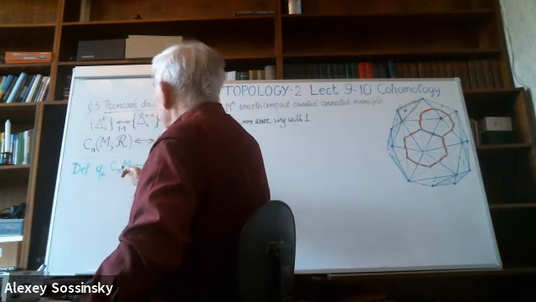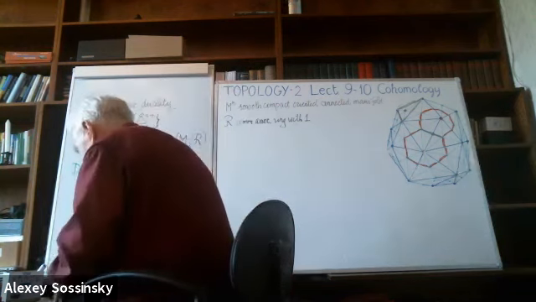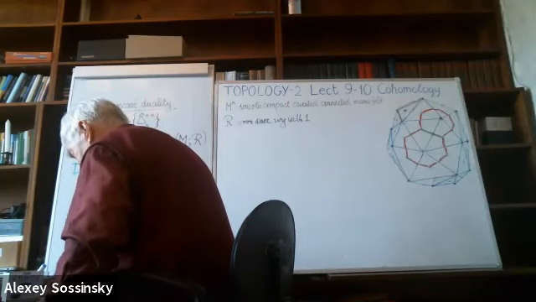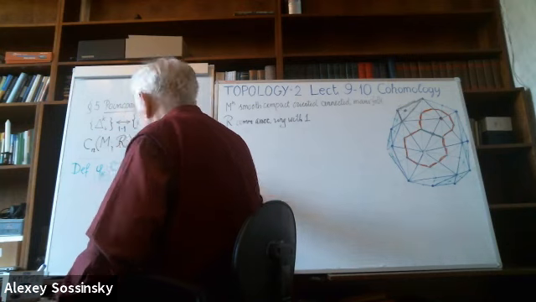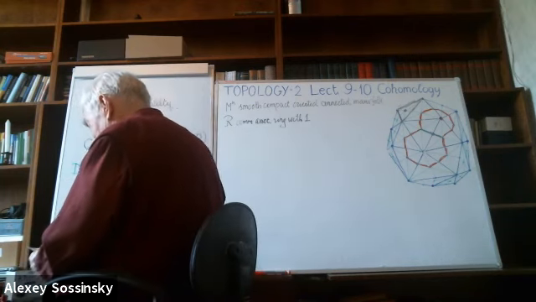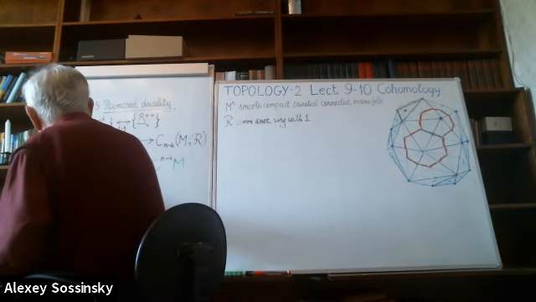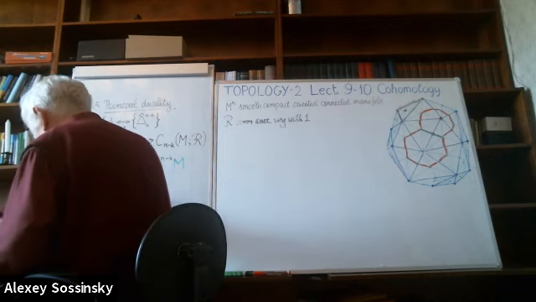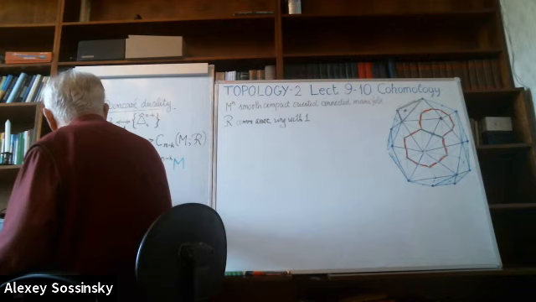So from homology, we'll go to cohomology. And we will define it as we do everything today in the only natural way that's possible. Namely, we put phi k of delta k.